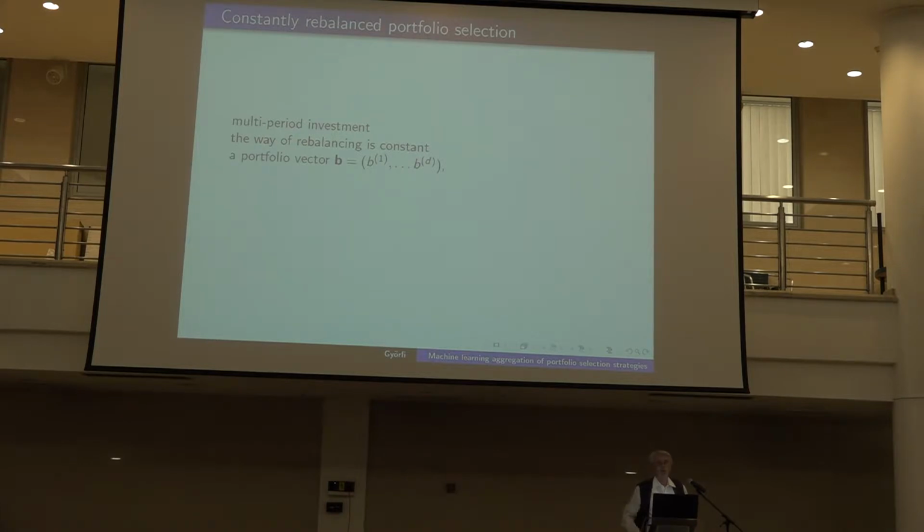So the portfolio is a probability vector, a vector of non-negative numbers summing to 1, and b^(j) tells that this fraction of the wealth is invested into asset j at the beginning of the trading day. And in this starting scheme, we assume that the way of rebalancing does not depend on the time.